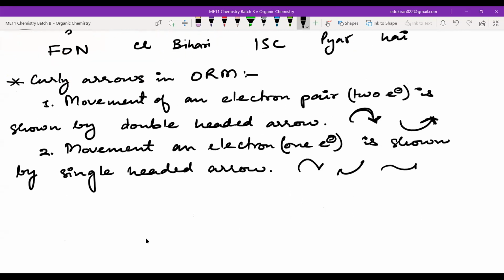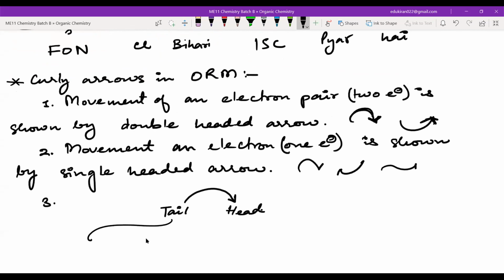Next point. So you have an arrow like this. This is the tail of the arrow, and this is the head of the arrow.